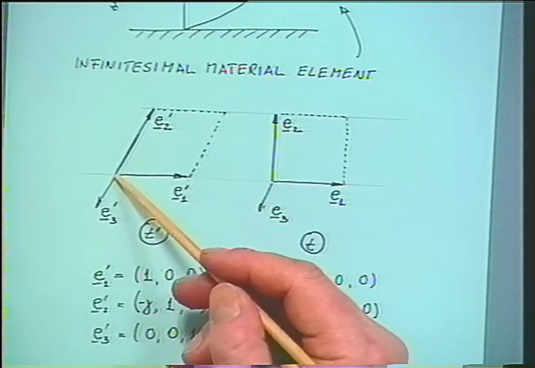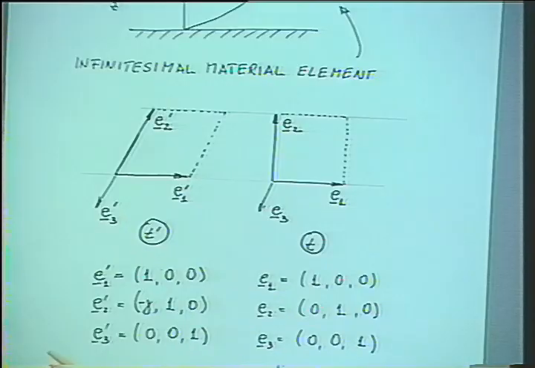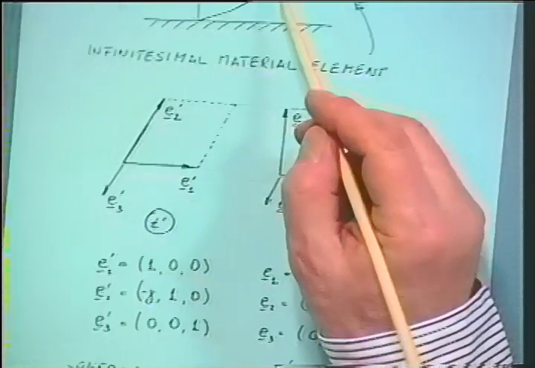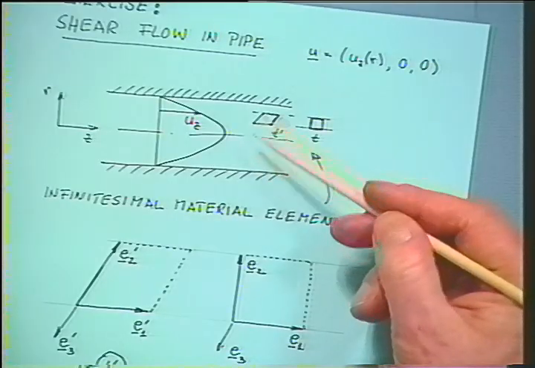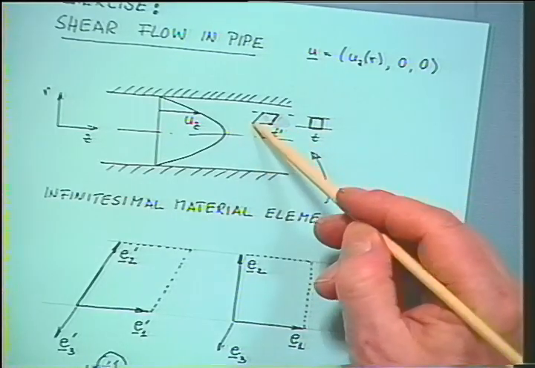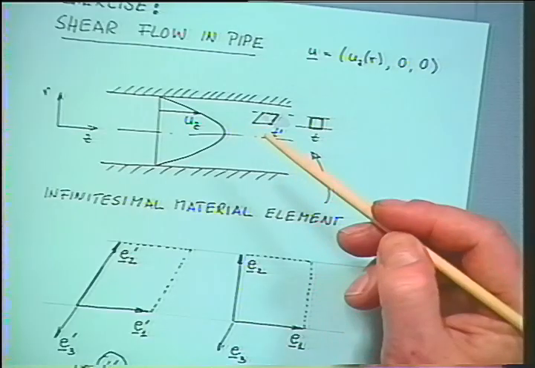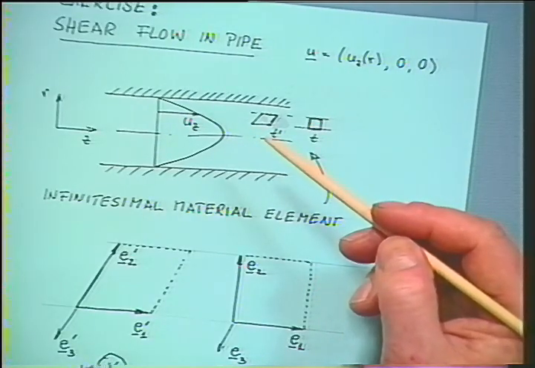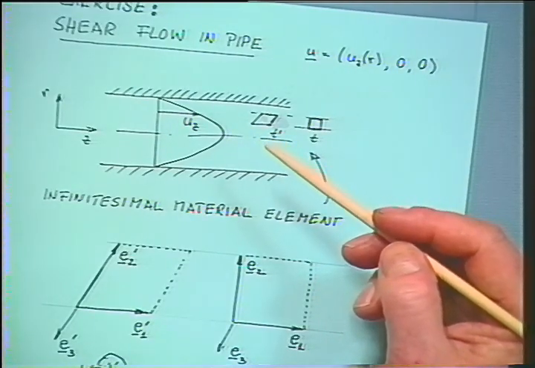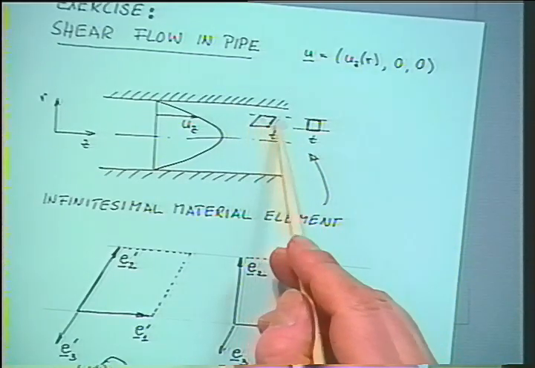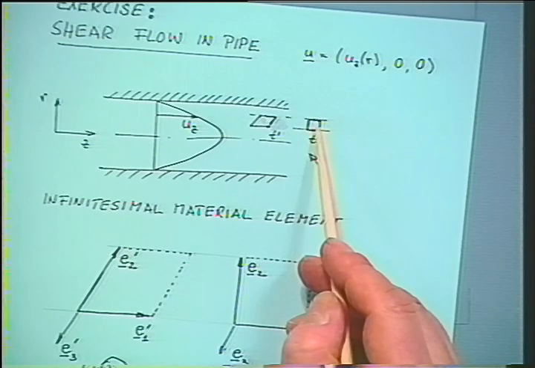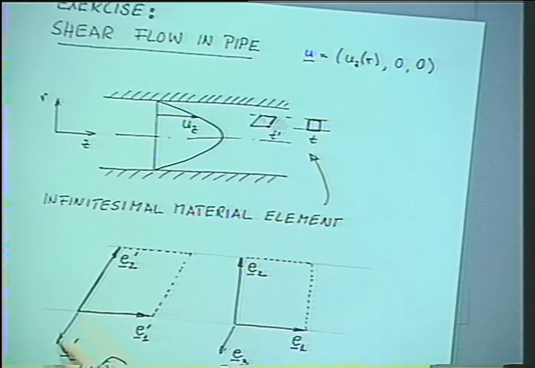A material vector E3 is a vector which goes in hoop direction. If you take this material element here and associate this with a ring element, then this would be a vector in 3 direction, and the radius of that hoop element stays constant as the material element moves along a path of constant radial position. So E3 is the same at the 2 states, at t prime and t.